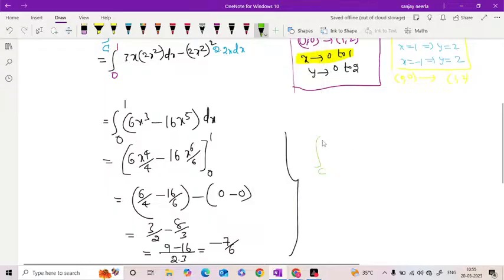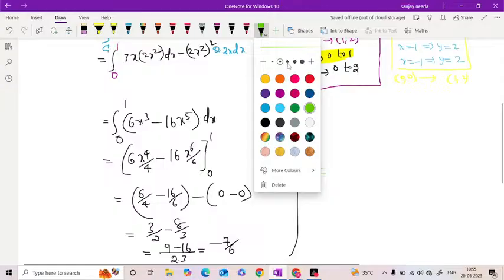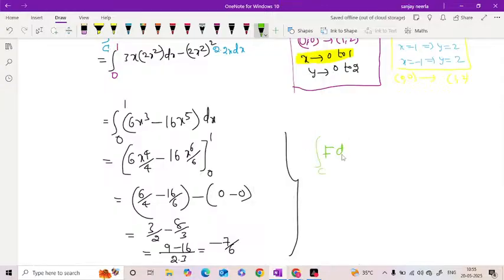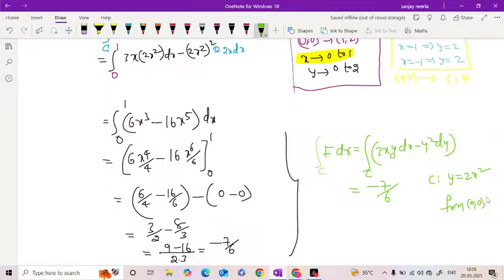The line integral, that means the whole integration of 3xy dx minus y square dy is equal to minus 7 by 6, where the curve is y is equal to x square and the points are from 0, 0 to 1, 2. So this is our final result. Okay, is it clear?